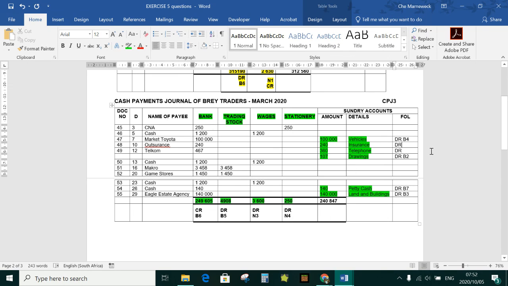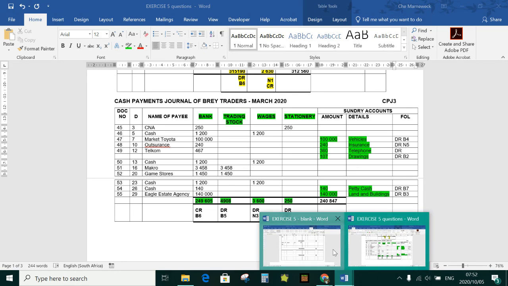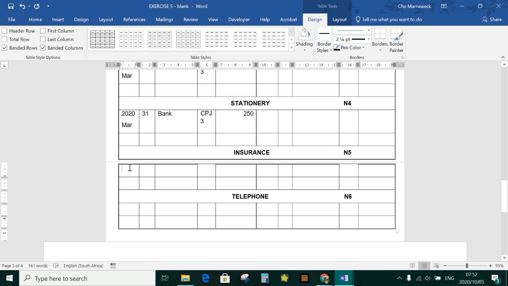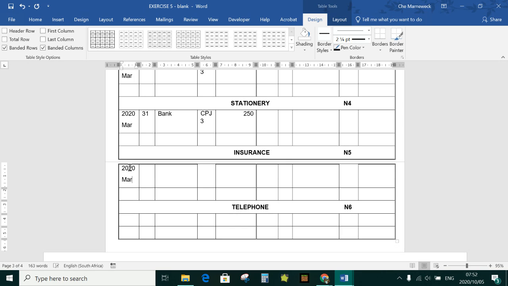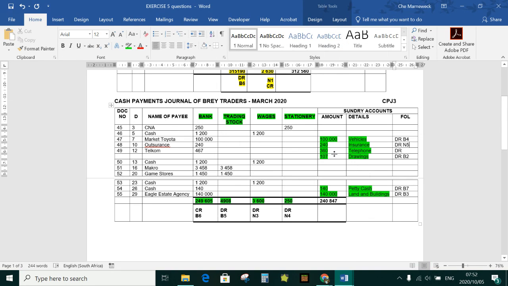Okay, then we go on. Next one, insurance, N5, and it's 240 on the 10th. So debit side, 2020, March 10. Partner account, bank, CPJ3, 240. And our last account is telephone, N6. It's going on the debit side.